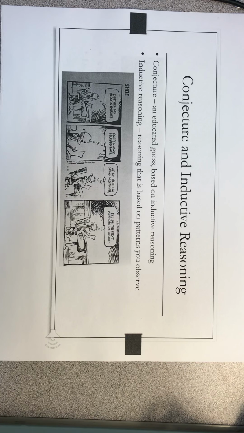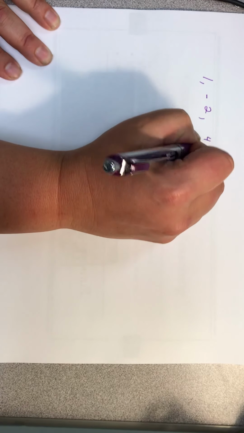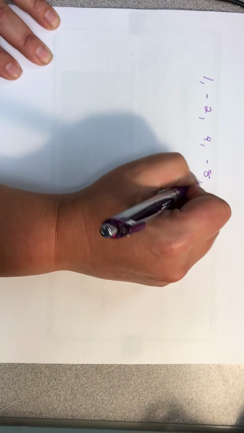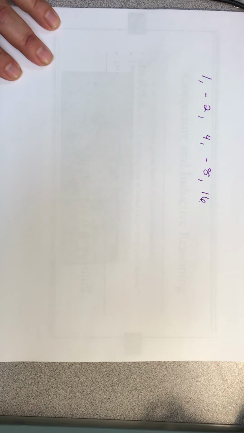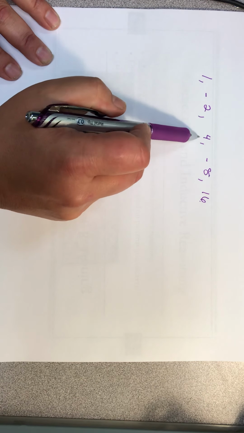Okay, so let's talk about patterns. Let's say we have the pattern 1, -2, 4, -8, 16. What do we notice about that pattern? How do we get from 1 to -2, from -2 to 4, from 4 to -8?